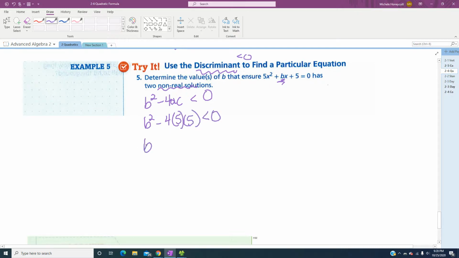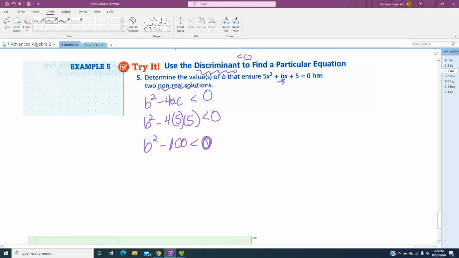So b squared minus, let's see, 4 times 5 times 5 is 100, yes, 100. So b squared minus 100 would have to be less than 0.